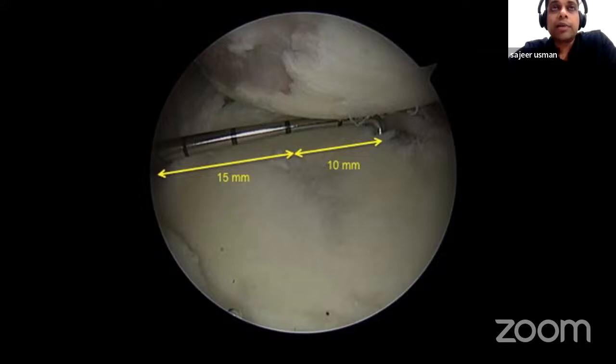So 5 divided by the entire diameter, which is roughly 30 millimeters, means we're looking at roughly 15 to 16% bone loss in this particular case. So arthroscopically, you can measure on the table when you're doing a diagnostic scope whether this is amenable to a soft tissue procedure only, or the glenoid bone loss is significant and you need to convert to a bony procedure.